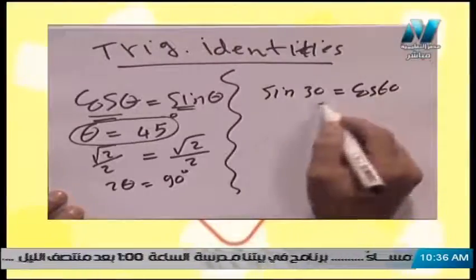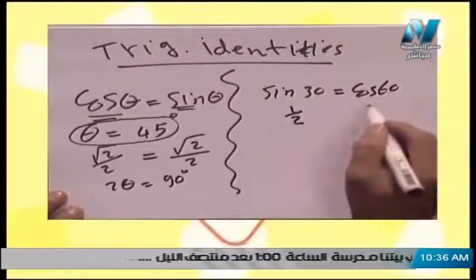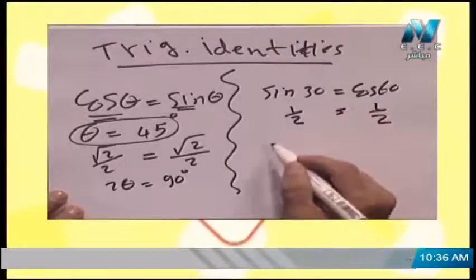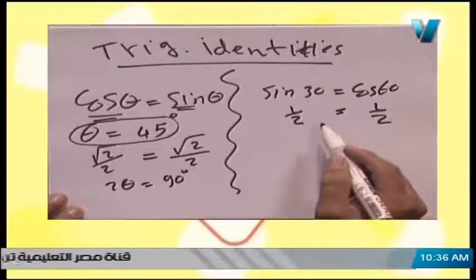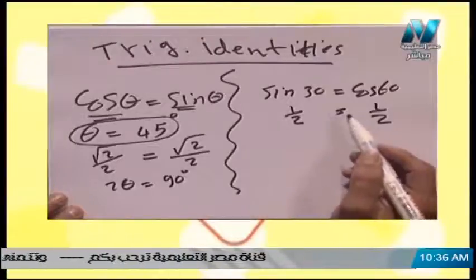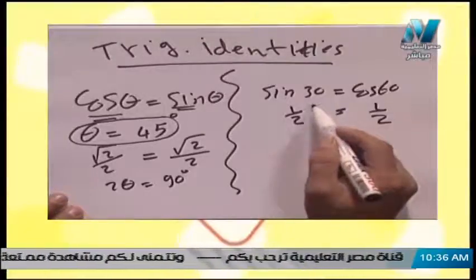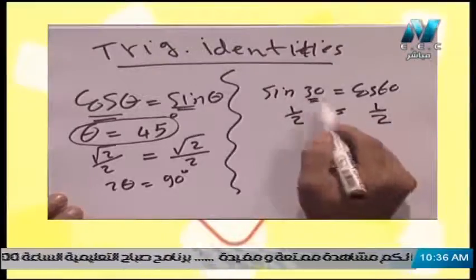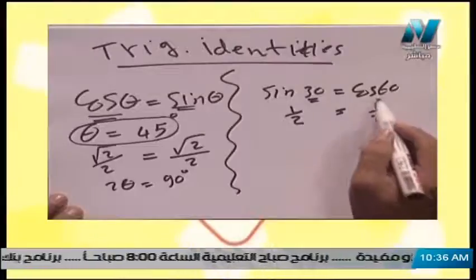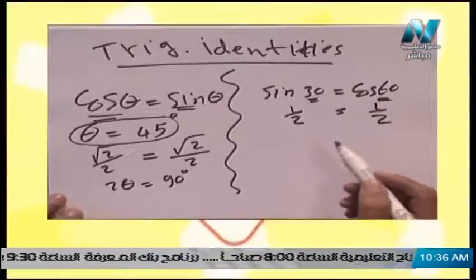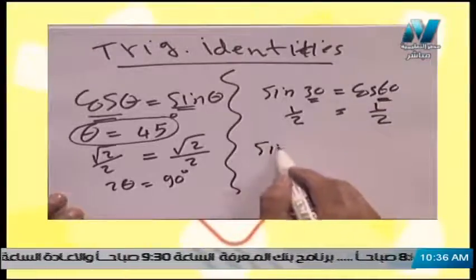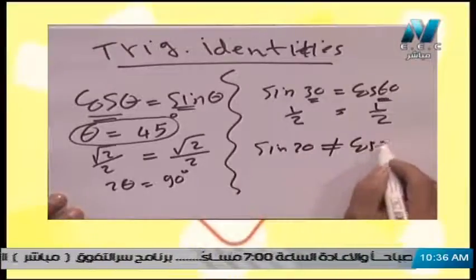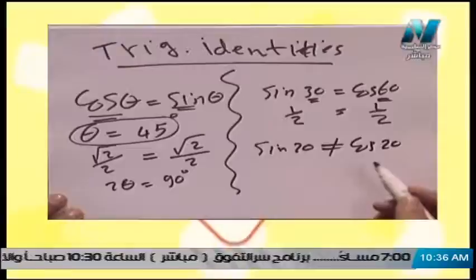Yes, sine 30 equals half and cosine 60 equals half, so they are equal, but only for specific numbers. If we have sine 30 equals cosine 60, it's an equation, because sine 20 doesn't equal cosine 20, as an example.